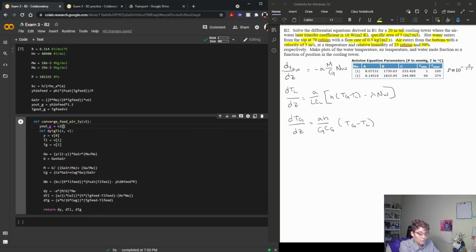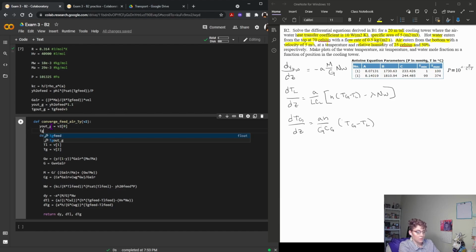That equal sign does not need to be there. And then the temperature of our gas out, which will be equal to the second slot. Now we will be creating a variable called sol, S-O-L, which is where we will end up solving our solve_ivp function.